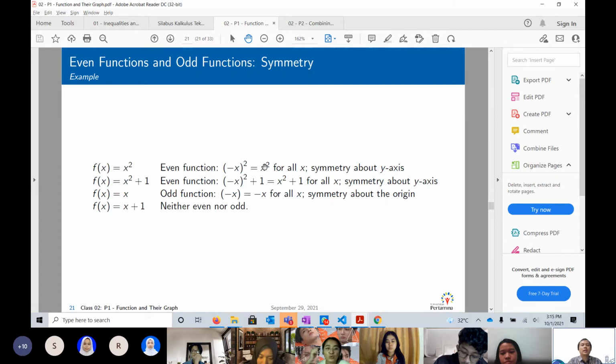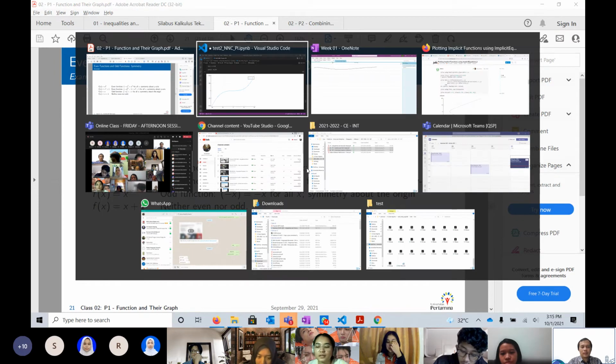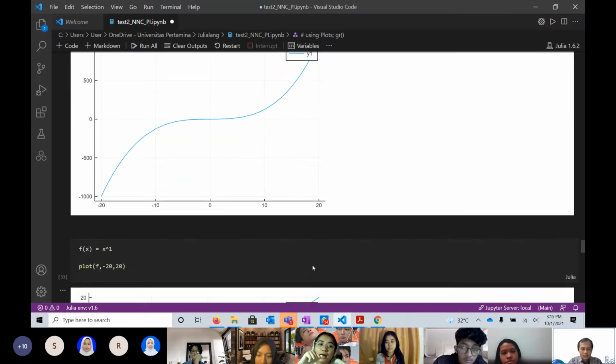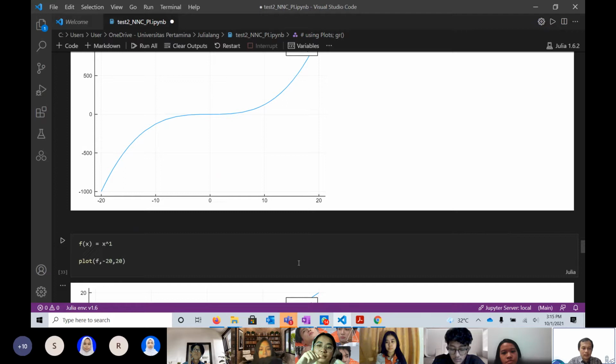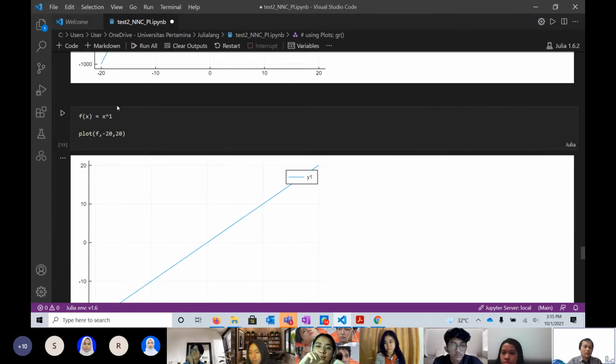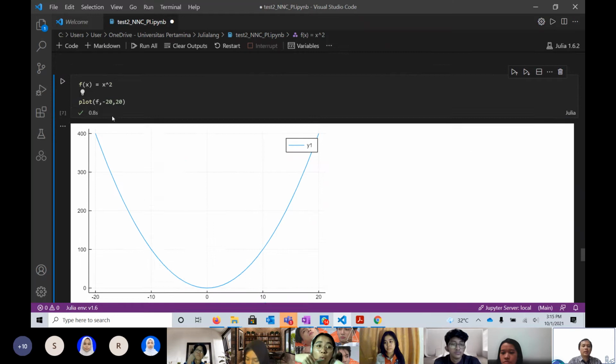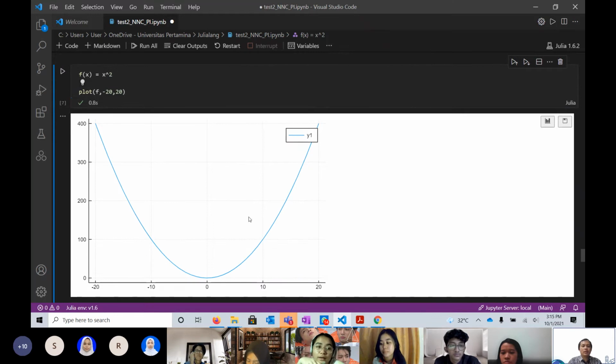If we check the plot, let's plot f of x equals x squared. We have this plot, and you see that here is the y-axis where x is equal to 0. Then you see that the plot is symmetric about the y-axis.